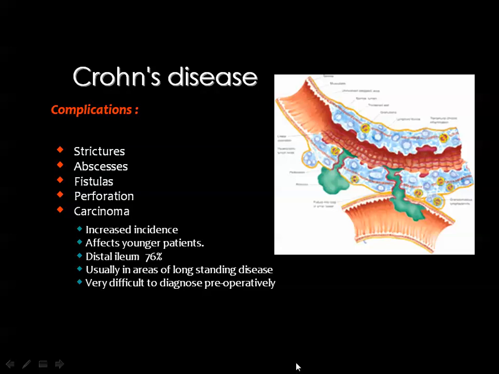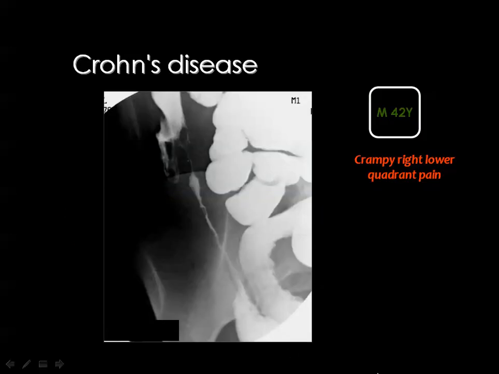And this carcinoma, of course, will develop in areas where the disease is long-standing, and we may have some difficulties to diagnose this preoperatively, because carcinoma will result in narrowing of the lumen, and also Crohn's disease will result in narrowing of the lumen, and the difference is not that clear from imaging.